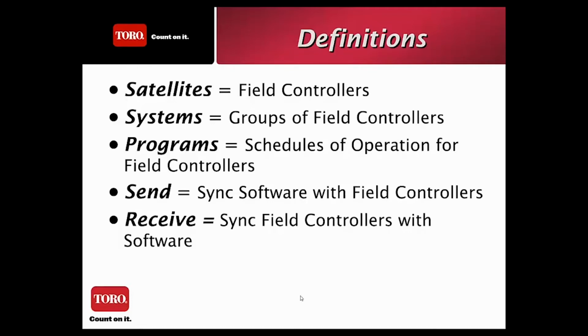But guess what? It's not in the controller until there is a send command. The send command can be a manual send command right from that screen. So right at the top, if I make a change, I hit save to my database in my computer. I hit send, it transmits out to the field. Now I have synchronized my controller with my software.